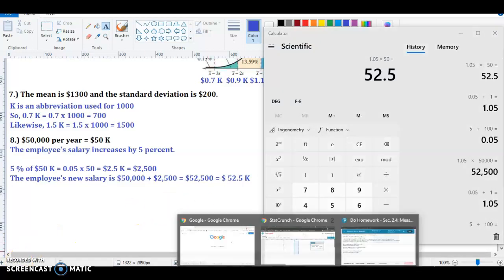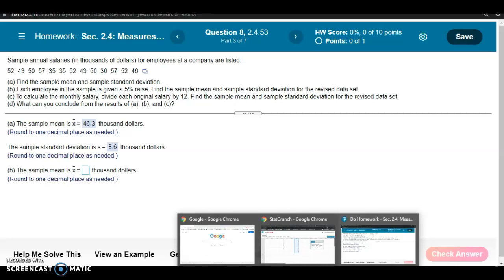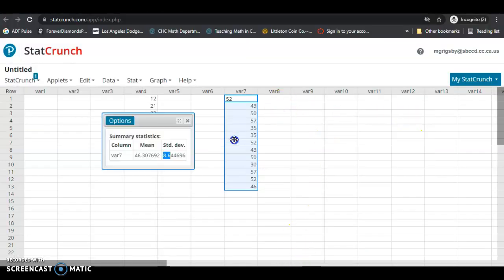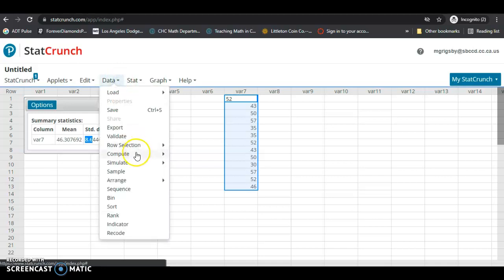So let's go back to the problem. We already have the data in StatCrunch, so we don't need to copy it over again. The data are in column 7. So we're going to go to Data, select Compute, and select Expression.